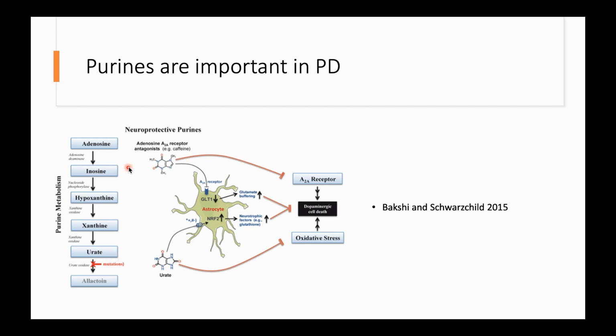But the story is fairly complicated because there are also some purine antagonists, for example, caffeine, which is an adenosine A2A receptor antagonist, that has also been shown to be protective in Parkinson's disease. So there's a lot of need for further understanding of these pathways and how different specific purines affect the disease.